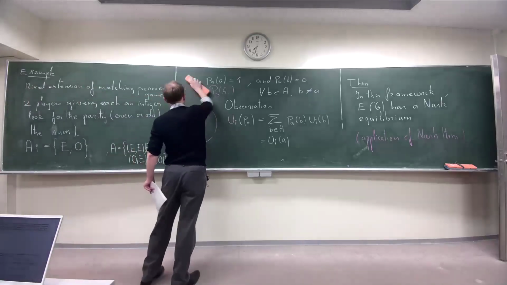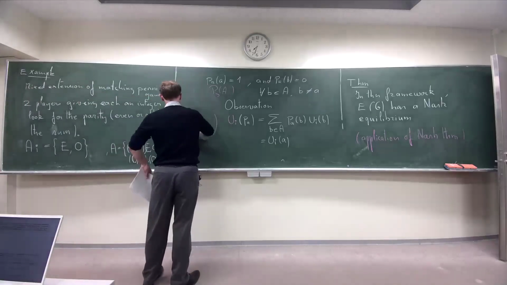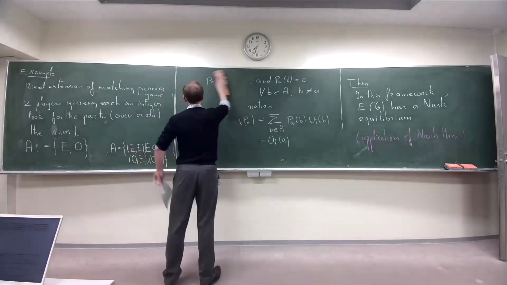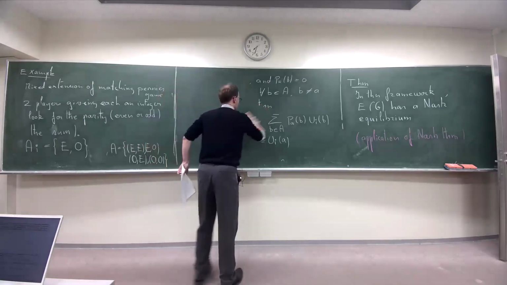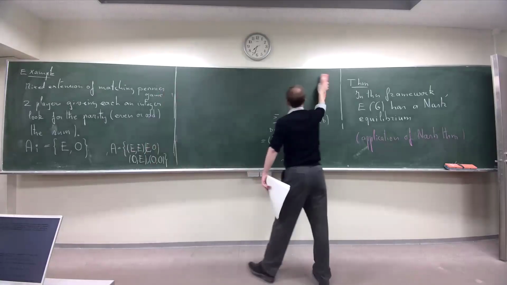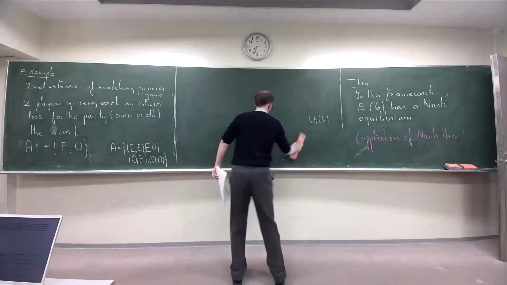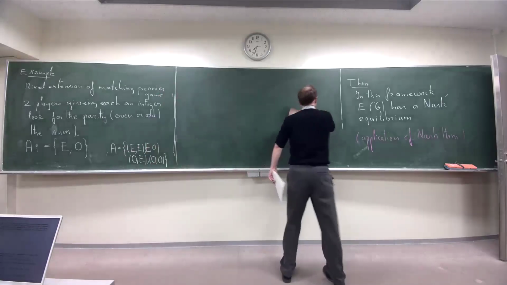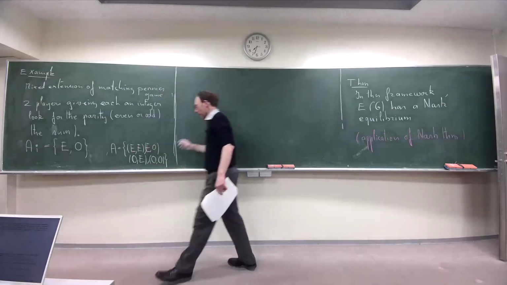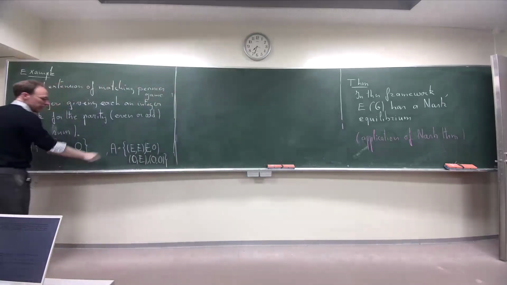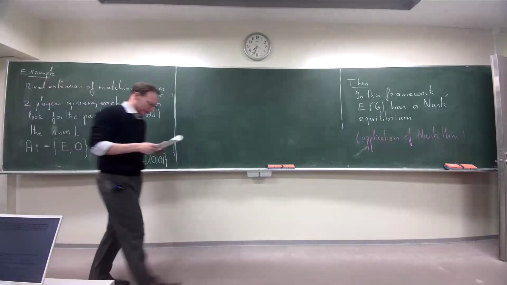And you look at the sum, and let's say the first player says it's going to be even, then he's going to win in the first and in the last case. If the second player says odd, he will win in the second and in the third case.